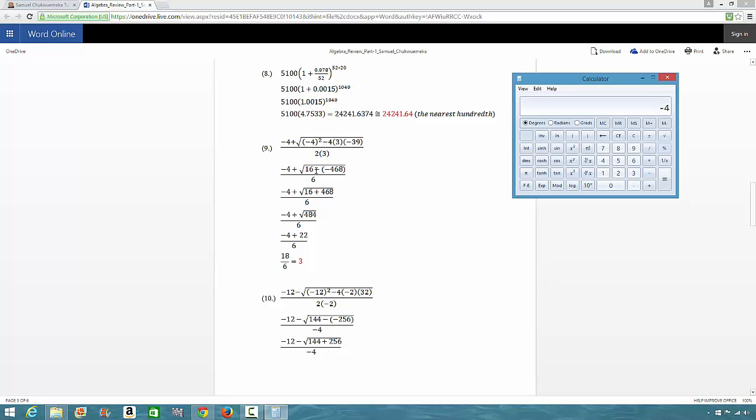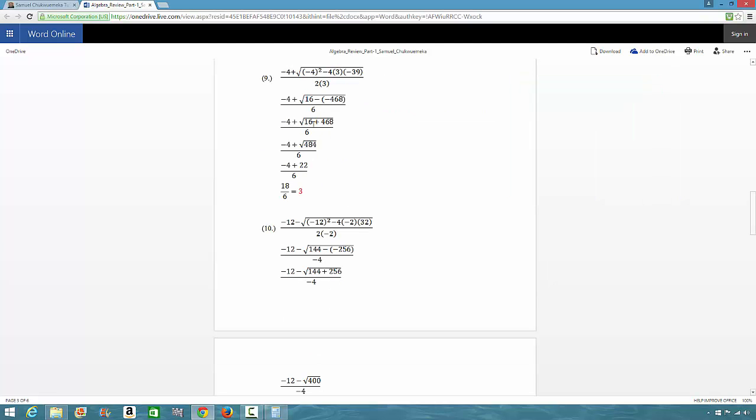This minus is this minus. 4 times 3 is 12. 12 times negative 39 is negative 468. Divided by 2 times 3, which is 6. So when you do that, 16 minus minus is plus. 16 plus 468 gives you 484.